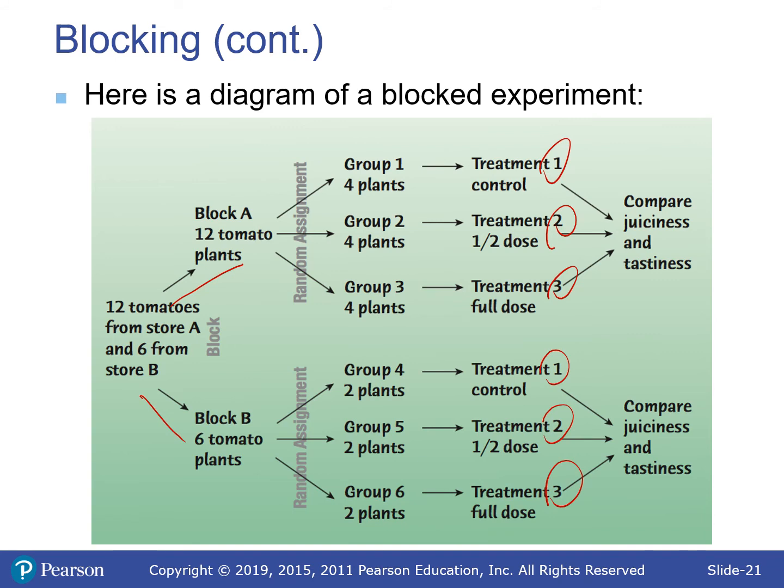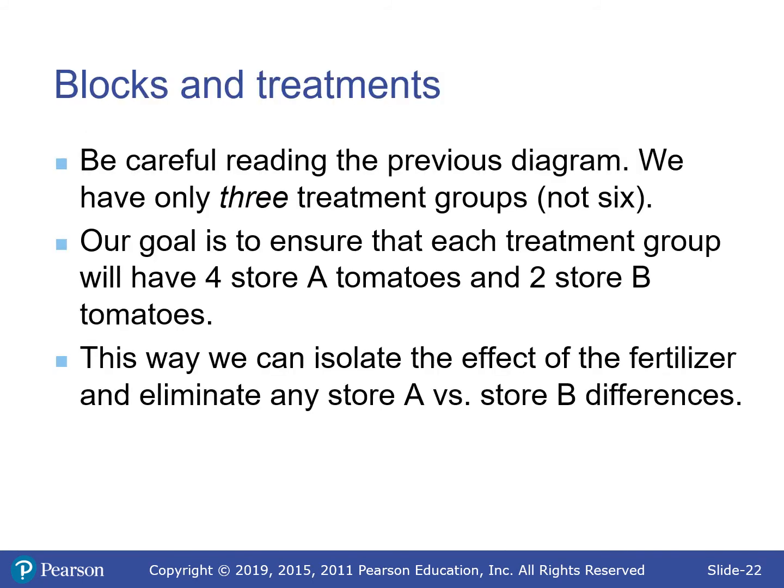That is not 6 treatments. It is only 3 treatments. It's just we get a treatment from store A and we get a treatment from store B. And then we compare, and a lot of times we'll compare from there as well. So again, notice we only had 3 treatments, not 6.